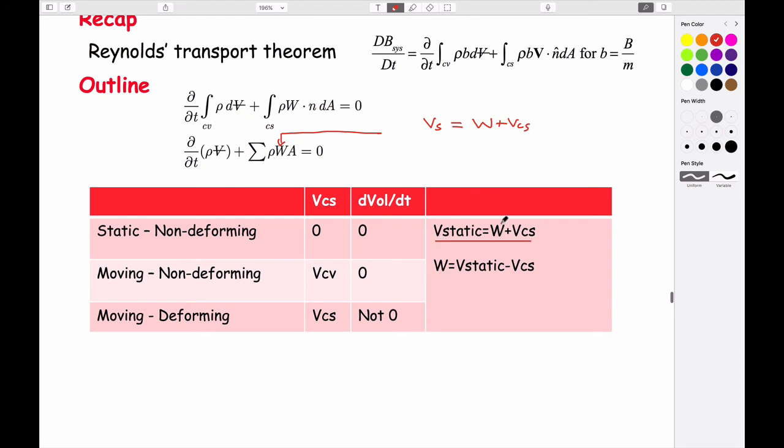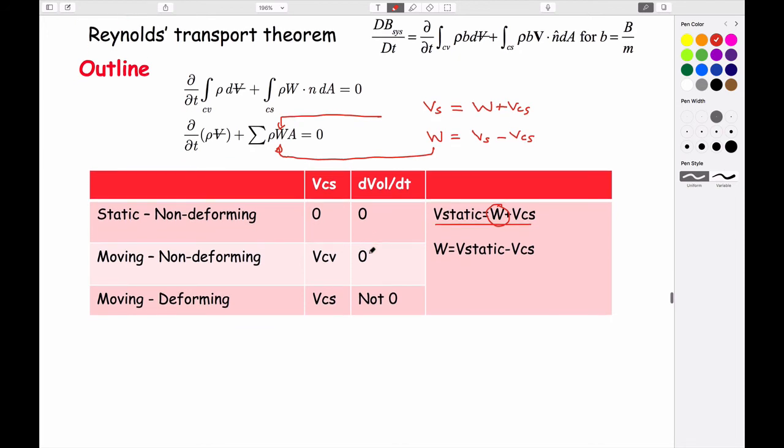Or we can rearrange this expression into this term here, where this is simply equal to the static velocity minus the velocity of the control surface. And so if we use this magnitude, then we can account appropriately for the changing behavior of the system. We did some examples with that.